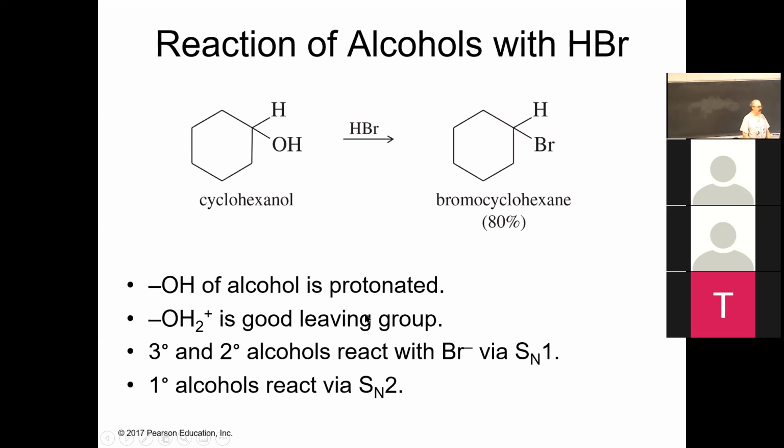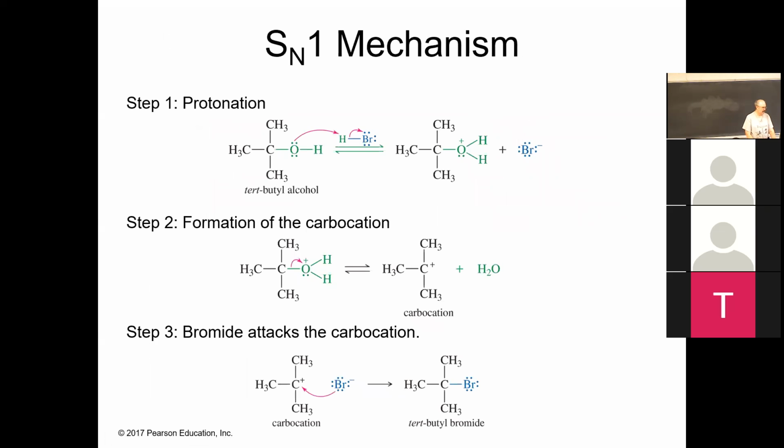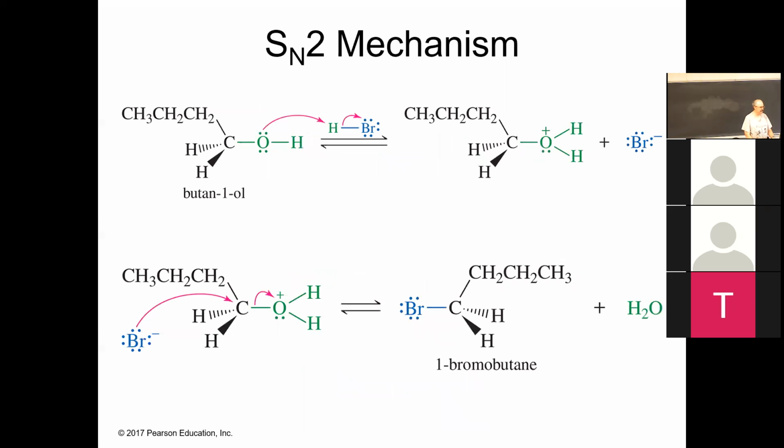And as we saw in the case of the SN2, it was a slow reaction to convert n-butyl alcohol to 1-bromobutane. We can readily convert tertiary alcohols to tertiary halides by an SN1 mechanism, as long as we control the temperature.